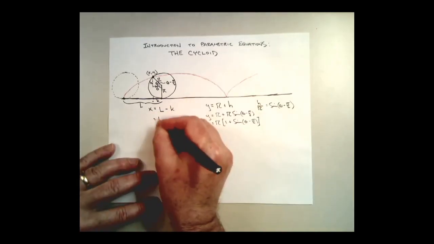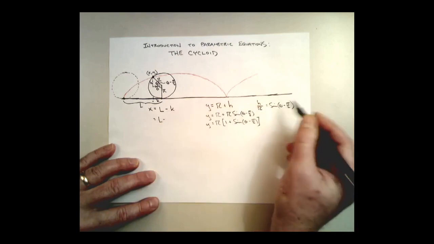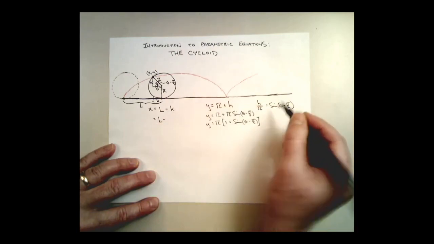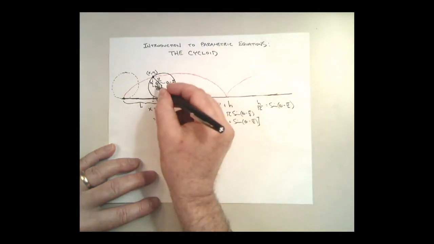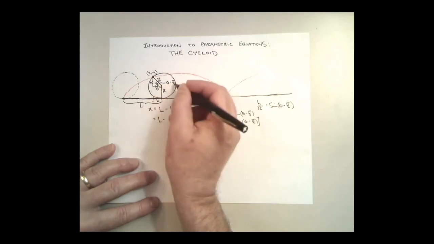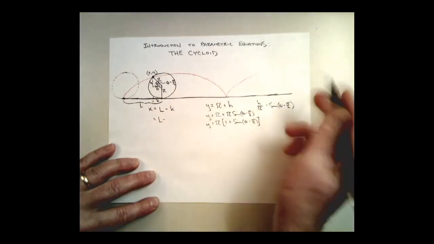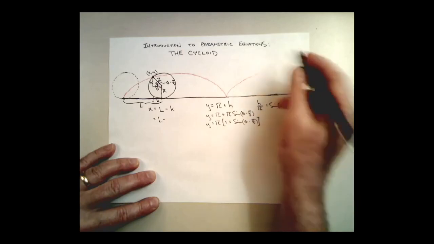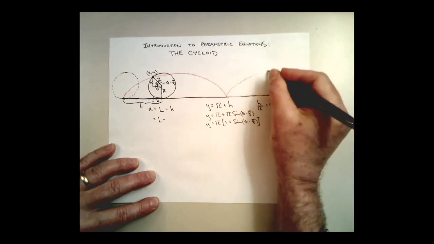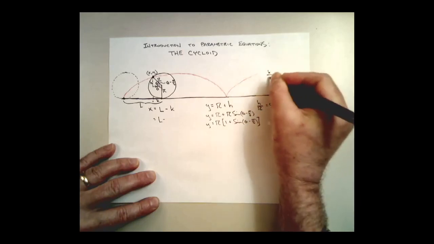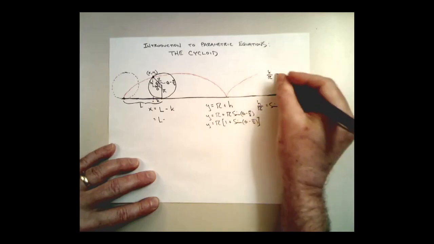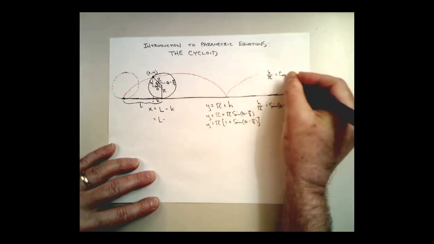And k, we should be able to find that similarly to the way we found h over here. If I took k and divided r into it, I've got the cosine of theta minus pi over 2. So k divided by the radius of the generating circle is the cosine of theta minus pi over 2.